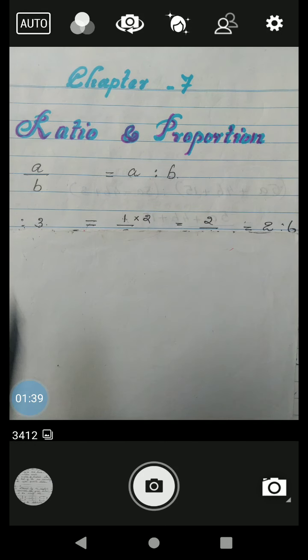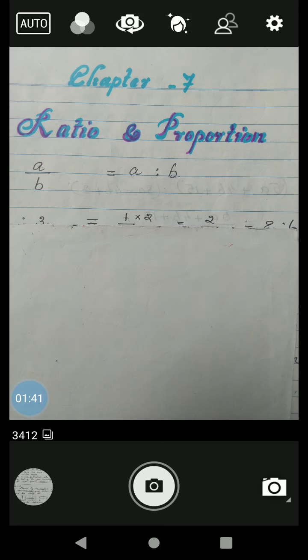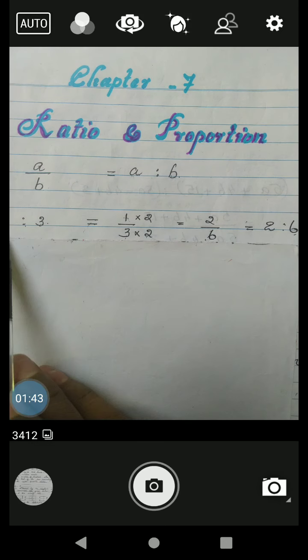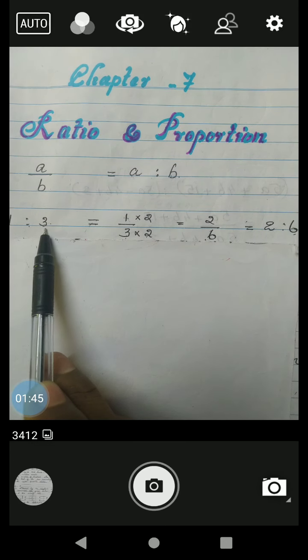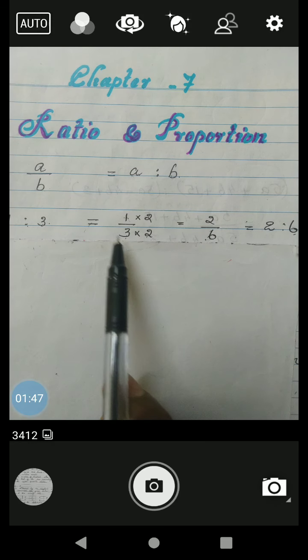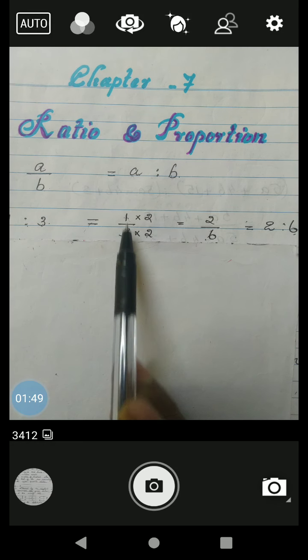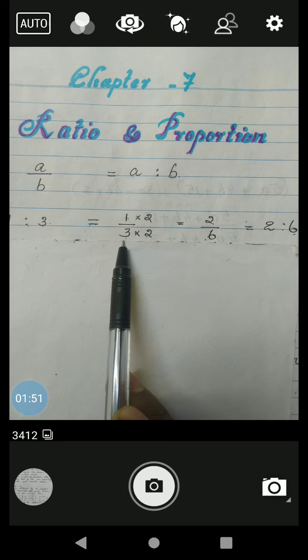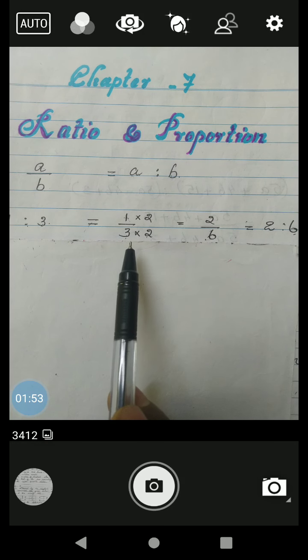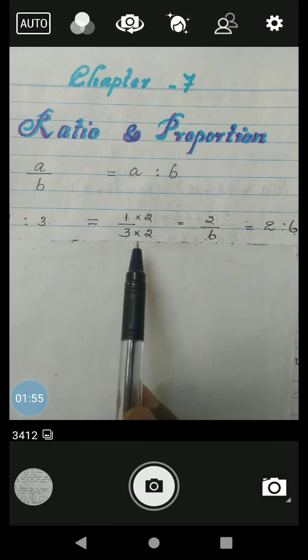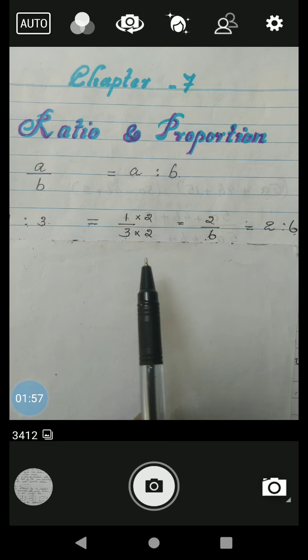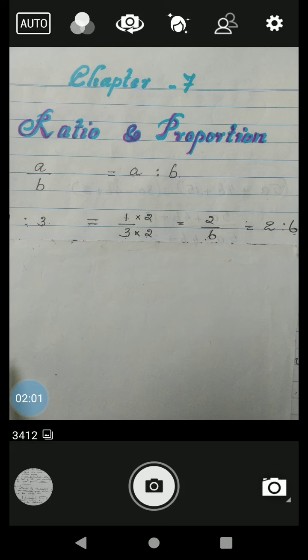One property you can see here. Suppose 1 is to 3 is a ratio and we can represent it as 1 by 3. If both the terms of a ratio are multiplied or divided by the same number, the ratio remains unchanged.